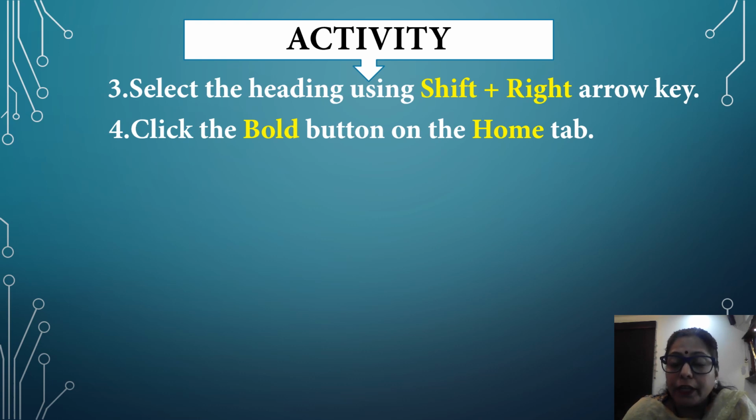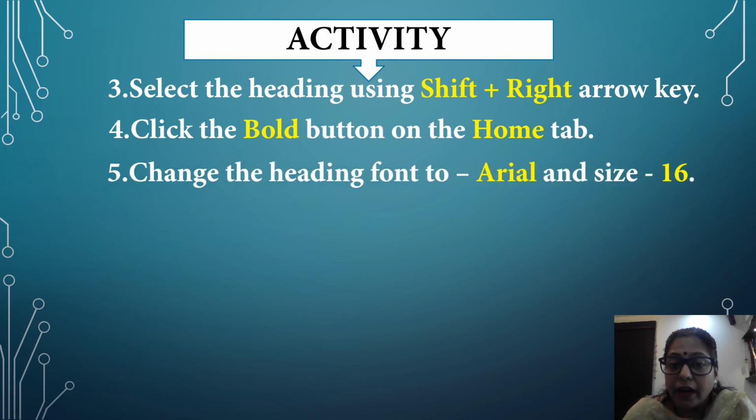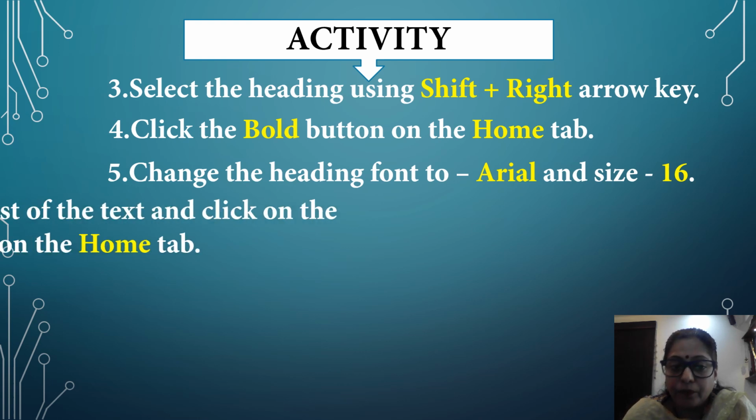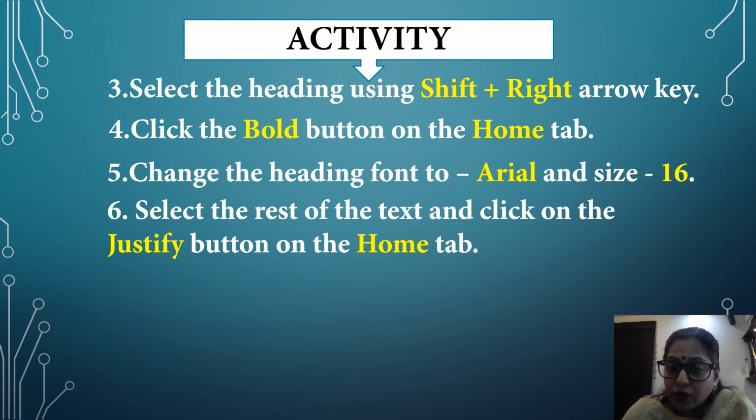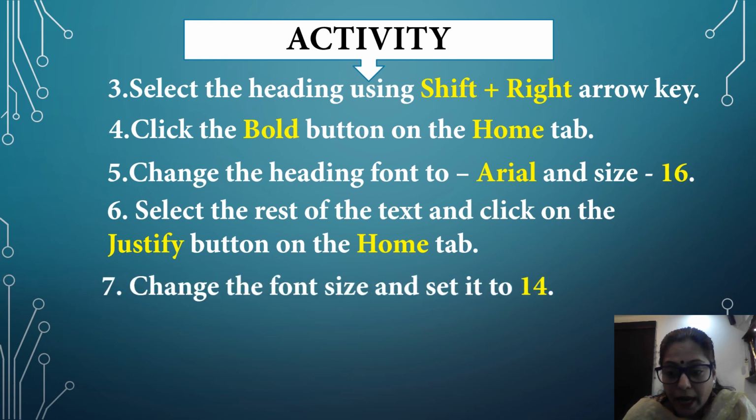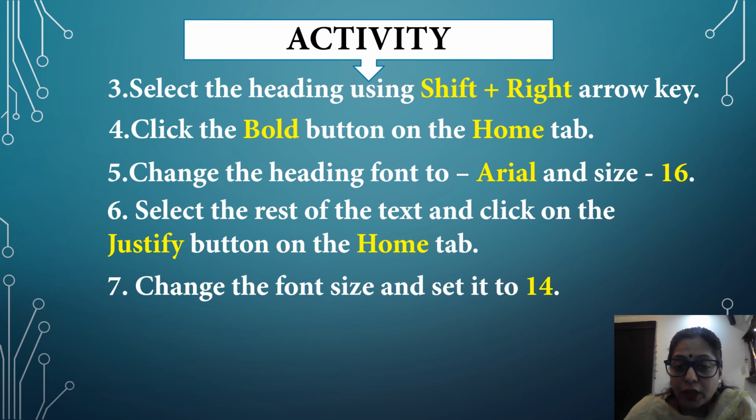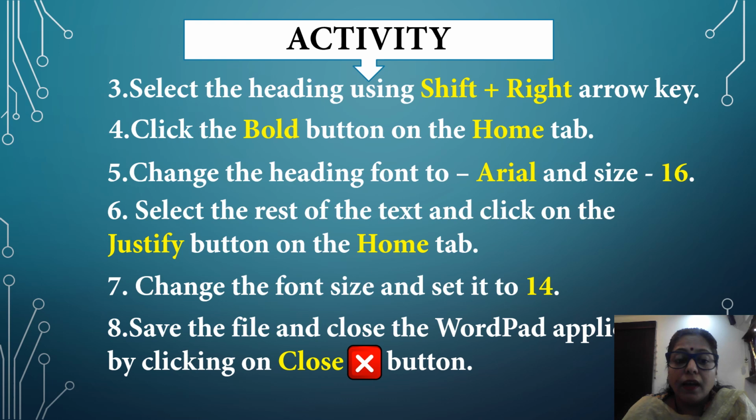Click the bold button on the Home tab. Then change the heading font to Arial and size 16. Select the rest of the text and click on the Justify button on the Home tab. Change the font size and set it to 14. After that, save the file and close the Word application by clicking on Close button.